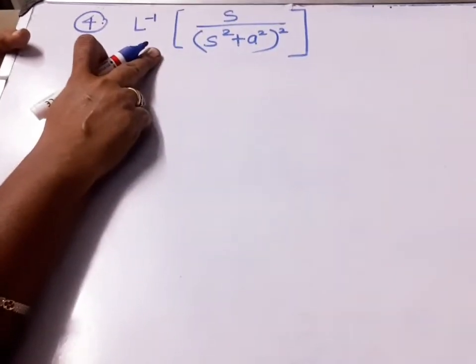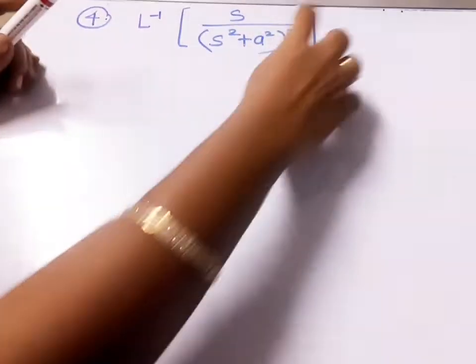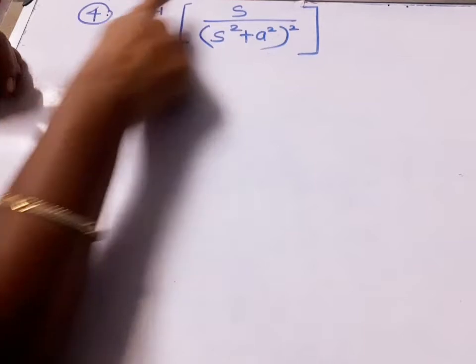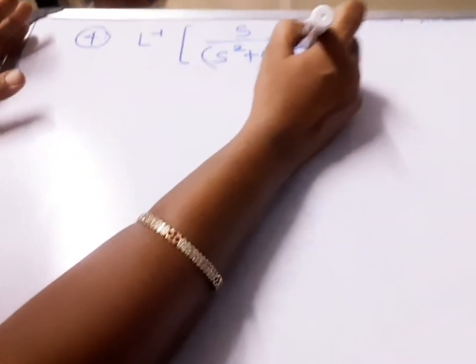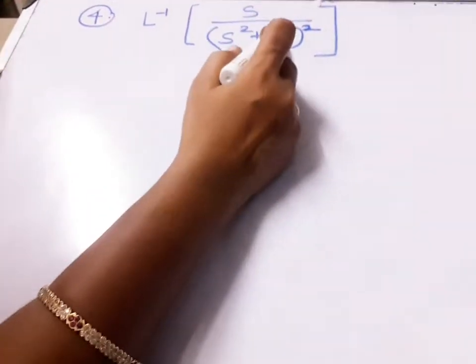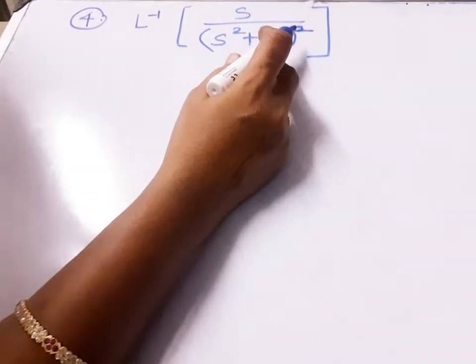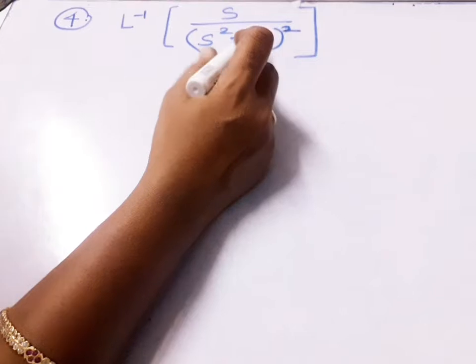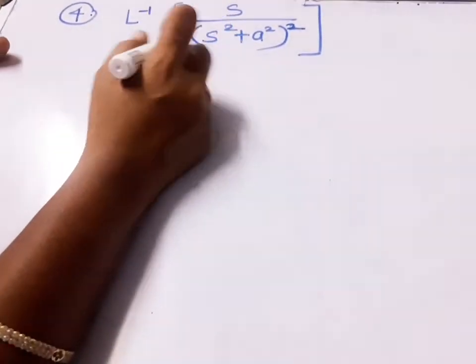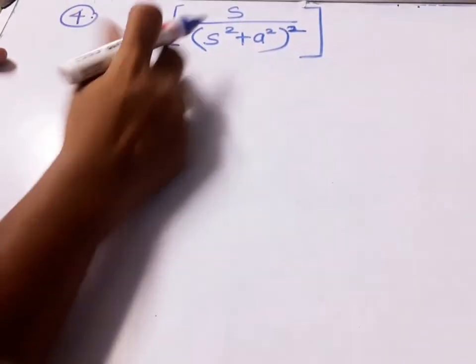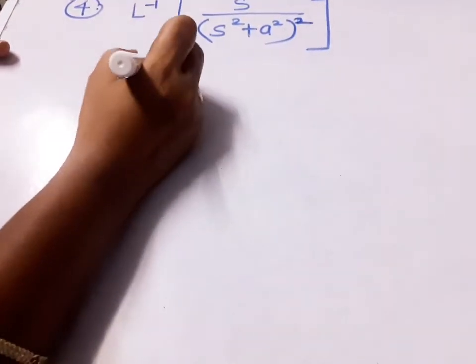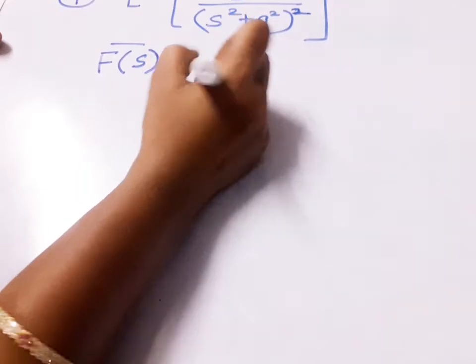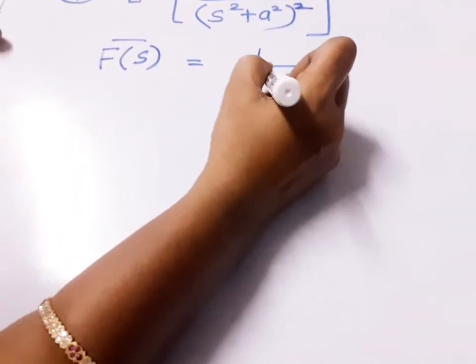This problem is quite different because we have the L inverse of s by s square plus a square formula or the L inverse of a by s square plus a square formula. But we don't have a straight formula for L inverse of s by s square plus a square the whole square, for which we are going to use a few properties under Laplace transformation. So you must remember that in such a case, where there is a square, you just take f bar of s as 1 by s square plus a square.